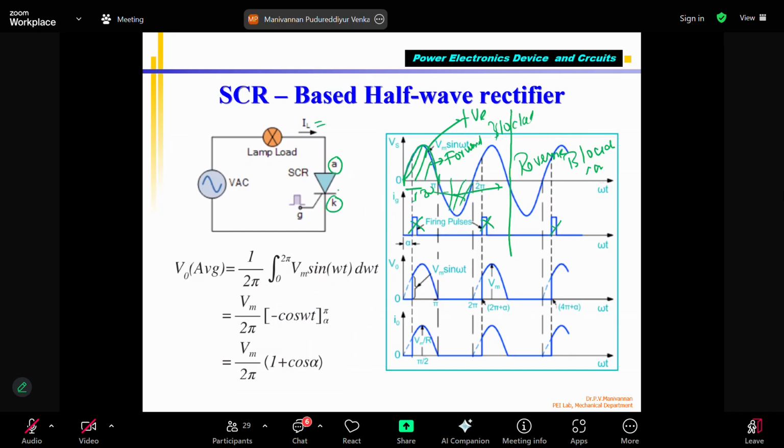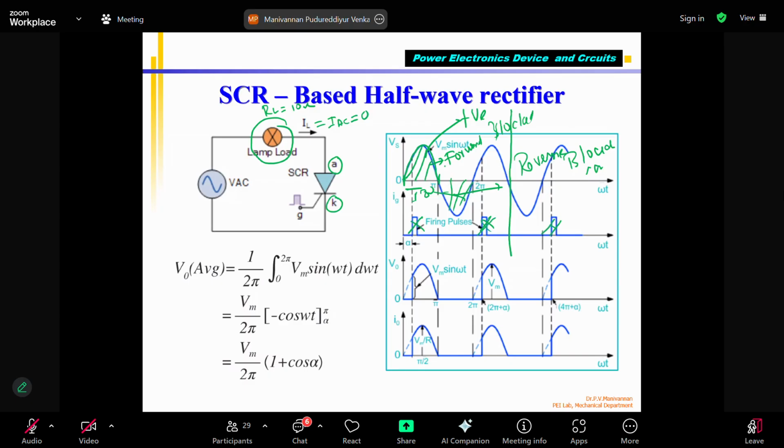This is IAC. Please note that I have connected an electric lamp as a load. Electric lamp as load is RL. For example, this is 10 ohms. A bulb, an incandescent bulb, I connected in series with my AC voltage, connected to the SCR. Now, the bulb current IL, which is nothing but IAC, will be 0 as long as I don't give these pulses.